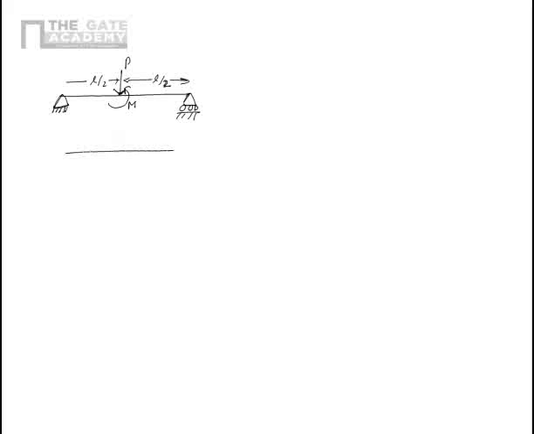Now we isolate the beam and provide reactions here. So this point is A and B. So this is RA and RB, and this is P, and this is M. Now I write sigma Fy is equal to 0 and assume directions y and x like this.